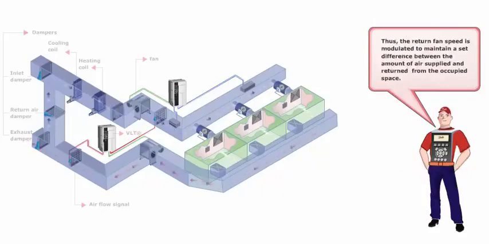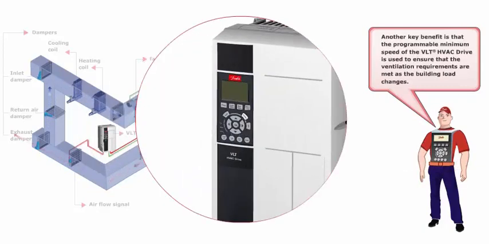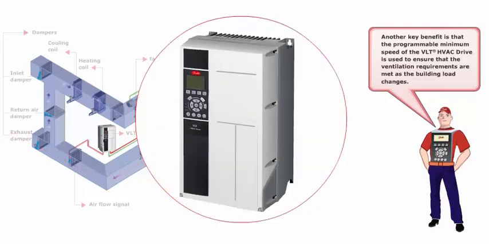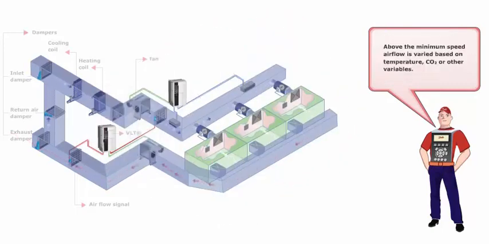Thus, the return fan speed is modulated to maintain a set difference between the amount of air supplied and returned from the occupied space. Another key benefit is that the programmable minimum speed of the VLT HVAC drive is used to ensure that the ventilation requirements are met as the building load changes. Above the minimum speed, airflow is varied based on temperature, carbon dioxide, or other variables.